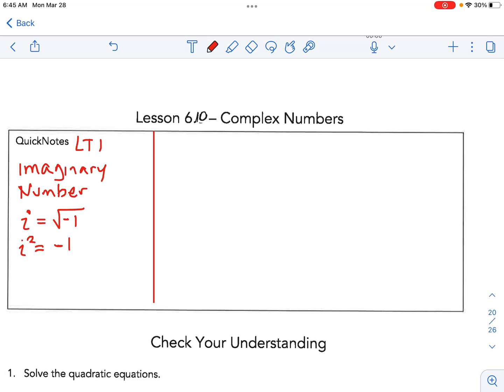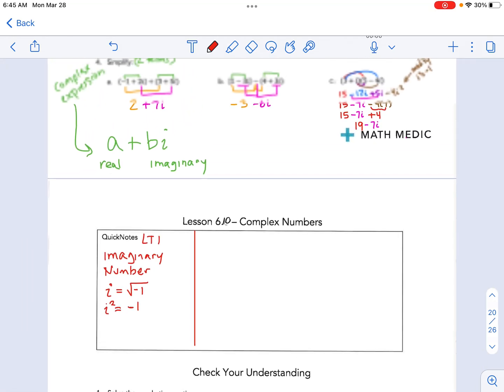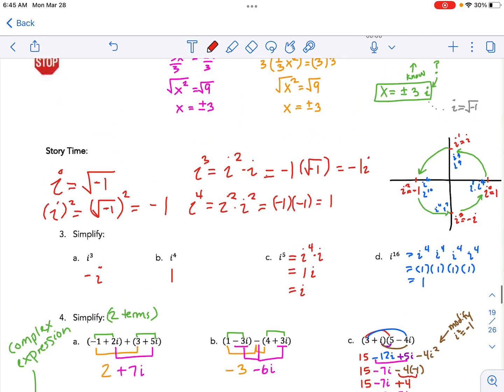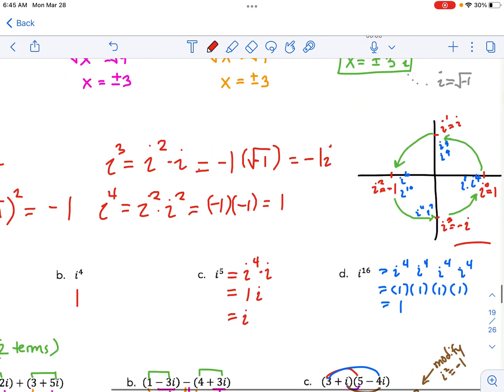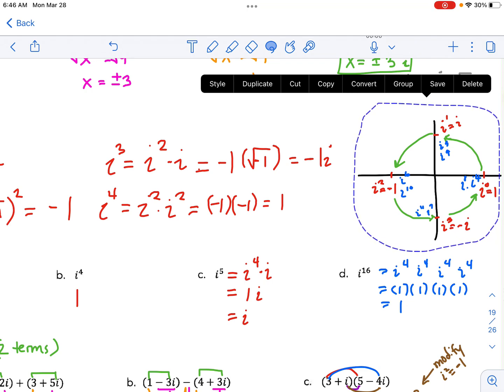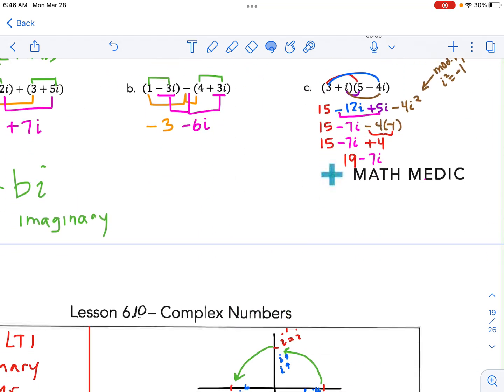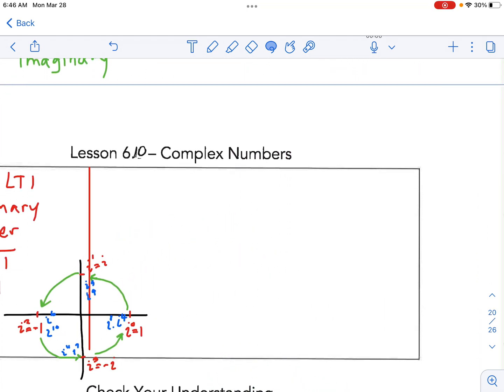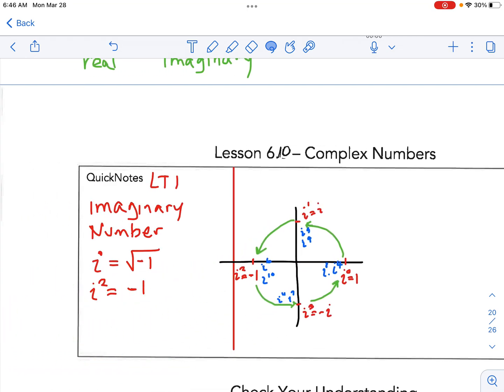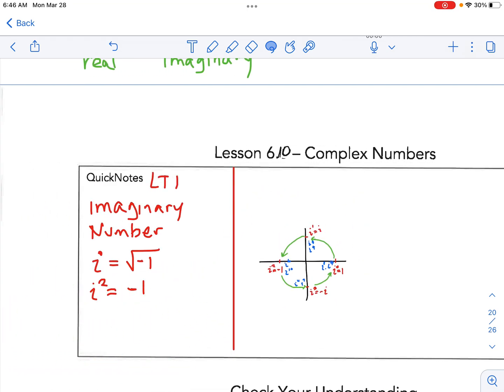And we also know that we can reduce anything with that graphic from the previous page. So maybe I take this and duplicate it and bring it over here.